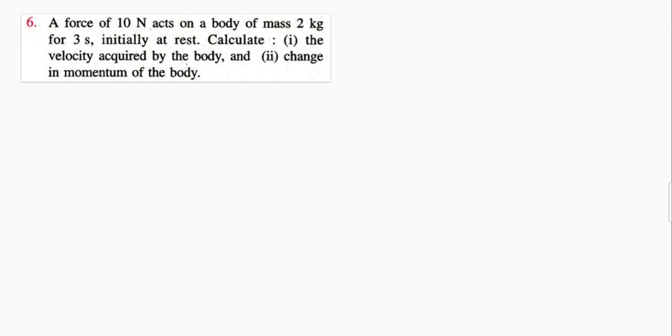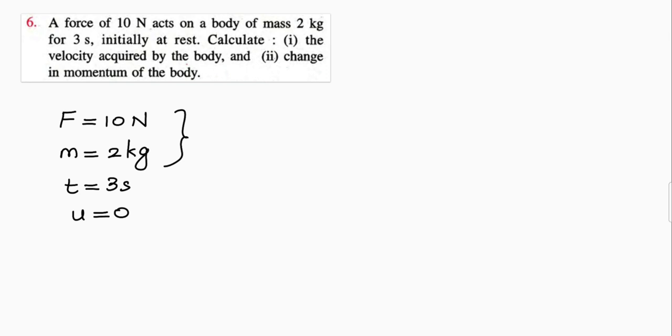Question number 6. A force of 10 Newton acts on a body of mass 2 kg for 3 seconds, initially at rest. Initially at rest means u is equal to 0. First part, calculate the velocity acquired by the body.